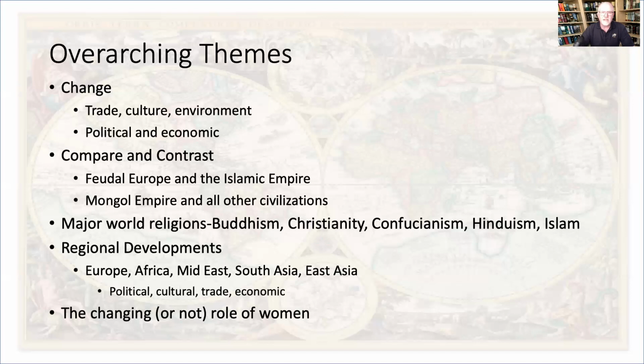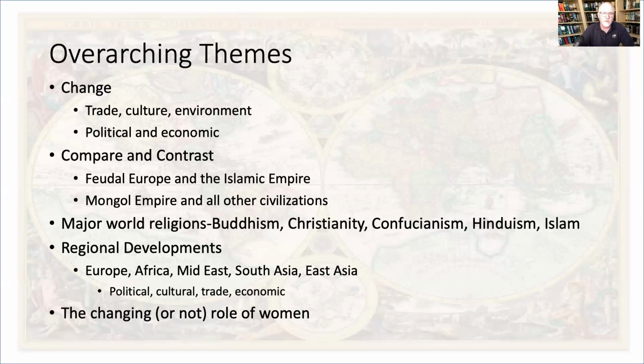So remember, the biggest thing they're looking at here, again with the compare and contrast, is how does change occur within these societies? Are there events, economic events, cultural events, environmental events, or simply the Mongol hordes that cause changes in these societies? But not only change, also the similarities, right?